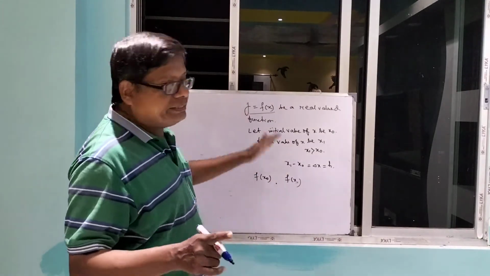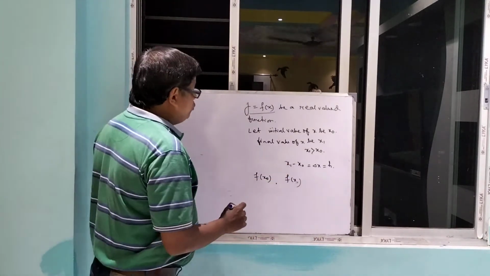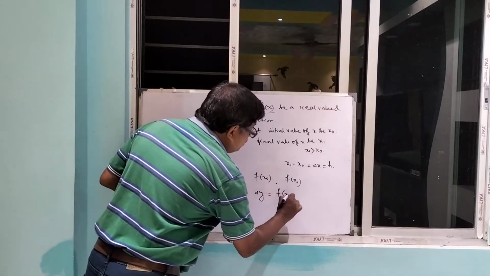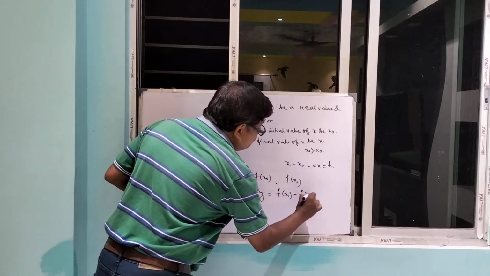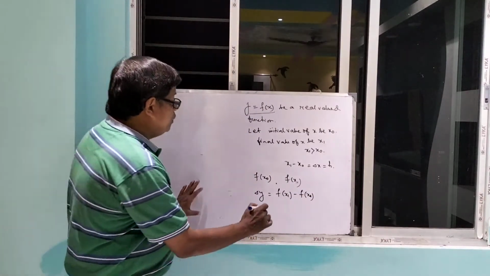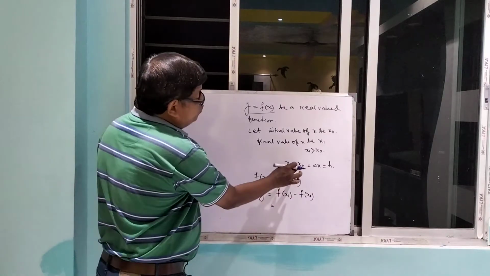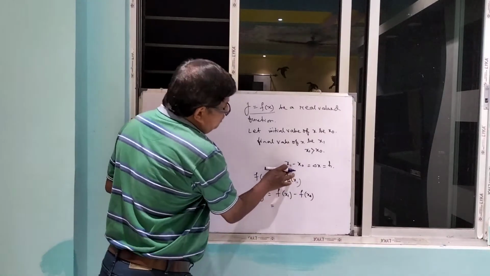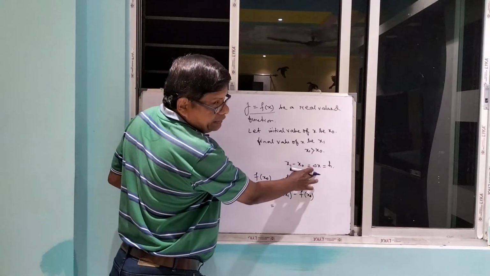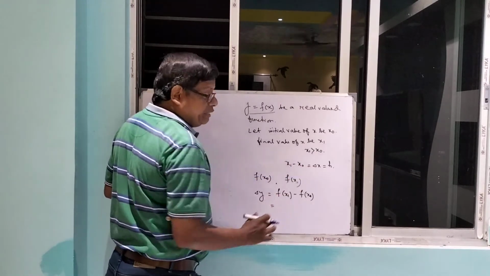The change of y, so you have delta y equal to f of x1 minus f of x0. Okay. Now f of x1, we know here x1 equal to x0 plus delta x or x0 plus h you can write.